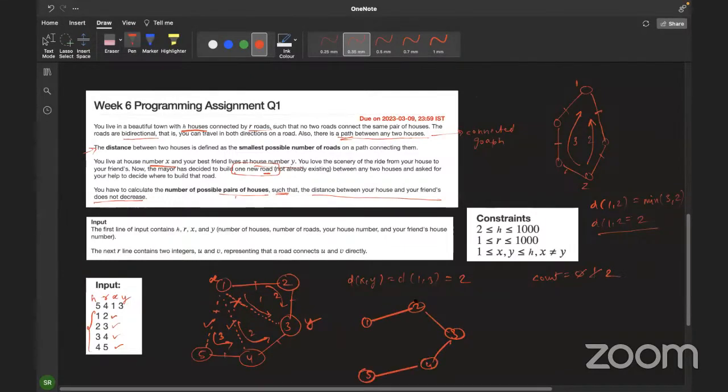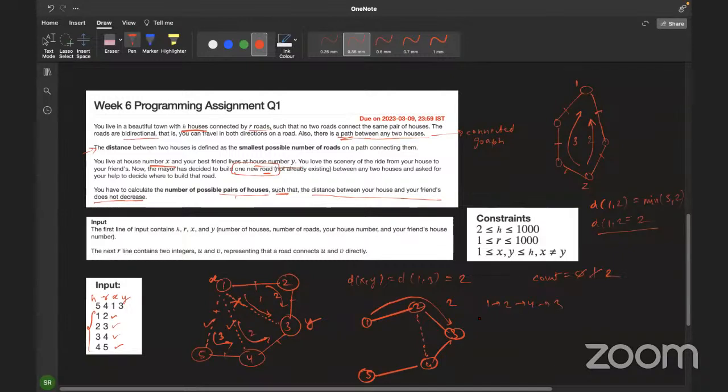Now, if we join from 2, we see if any road we can connect. From 2, 1 is already connected, 3 is already connected. 2 and 4 could be a possible road. Is this possible? Let's see. From this to 3, the distance is 2. And another path could be 1 to 2 to 4 to 3.